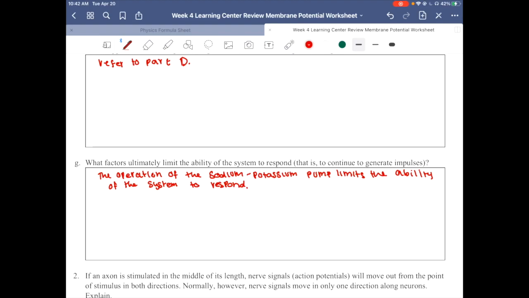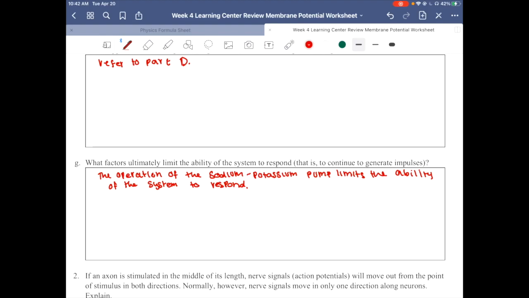This is why it's pretty dangerous, and there are situations when the sodium potassium pumps in the neuron membrane are poisoned, so they become non-functional. And when that happens, the axon is still able to generate action potentials for a little bit, because the number of sodium and potassium ions that move across the membrane during an action potential is very small. On the other hand, the concentrations inside and outside of the neuron are measured in millimolar.